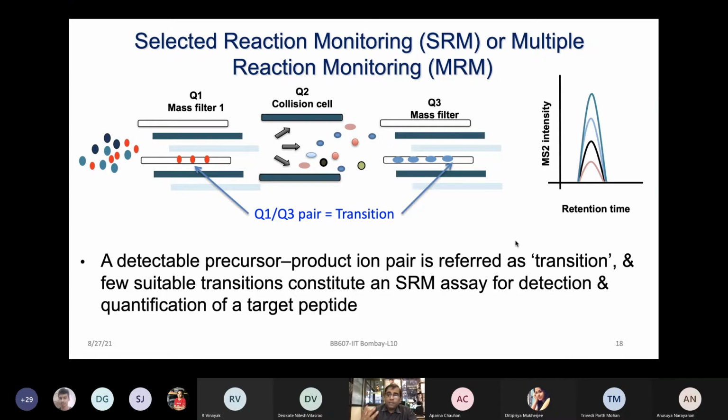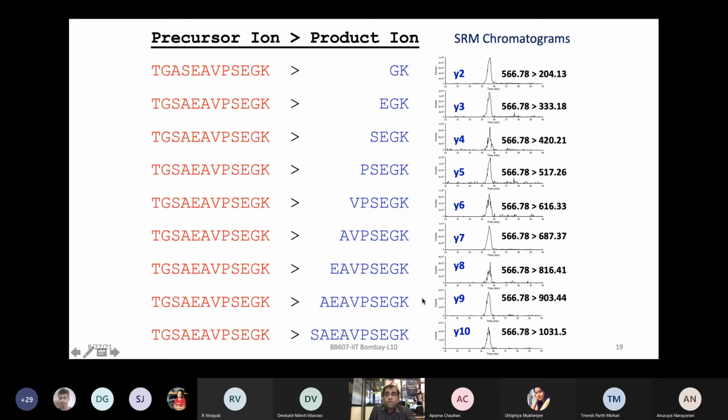If you can validate at least 3 peptides and show their levels are very high in disease compared to control, then only will you be able to confidently say that this protein is actually upregulated. Now, each peptide should have at least 3 transitions as well. So one protein, 3 peptides, and every peptide should have at least 3 transitions. Then only can you reliably say my SRM assay is able to validate my proteins of interest and I can quantify this peptide.